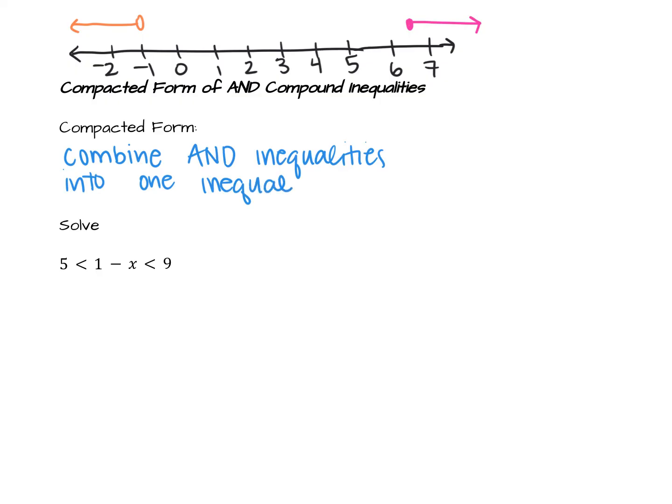Now this only works if you have the same expression with x. So in all of our previous examples, we had two different expressions with x, so I couldn't combine them into a single inequality. But if you're dealing with the same expression with x, they can be combined into a single inequality. And you won't have to do the combining. They will already be combined for you.